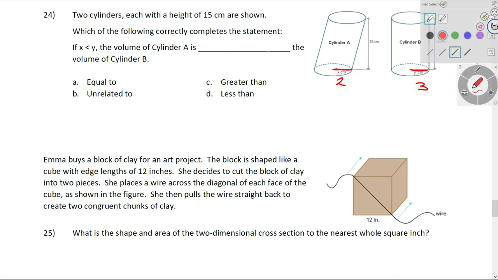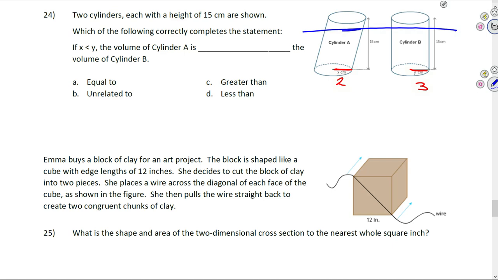Well, I'm going to look at some cross sections. If I look at this cross section here, this is still 2 and this is still 3. And in that cross section, cylinder A, this circle is less than this one. And at this cross-sectional height, this is still 2 and this is still 3, so cylinder A's cross-section is less than cylinder B's cross-section.